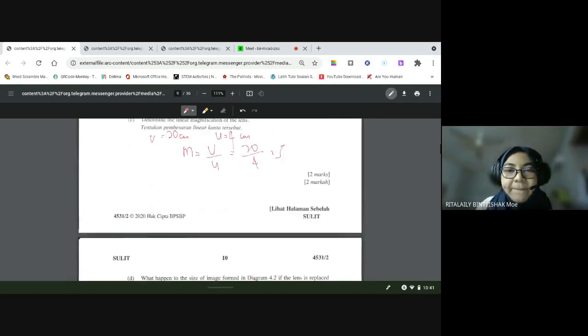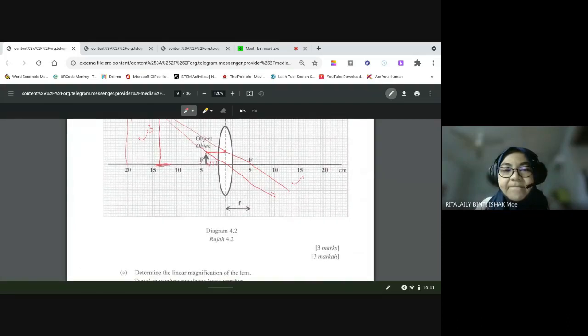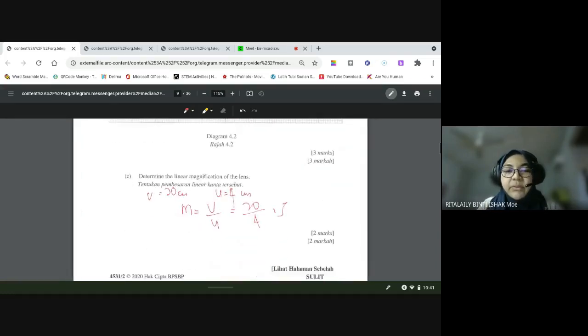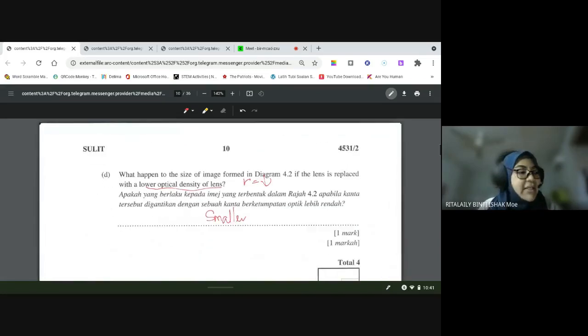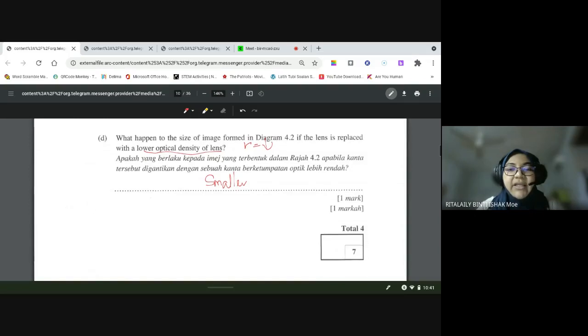Sekejap ya. Lebih dekat tak silap saya? Tak ada siapa boleh tolong check tak? Kalau tak silap saya, focal point dia lebih dekat. So, bila lebih dekat, awak akan dapat smaller image. Okay. So, yang ini untuk soalan nombor 4.